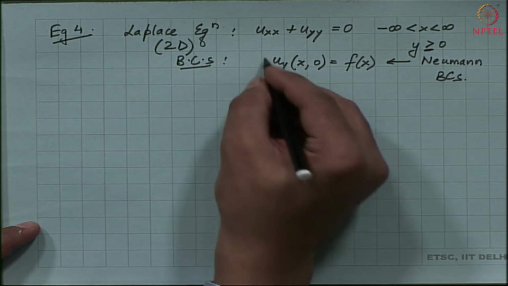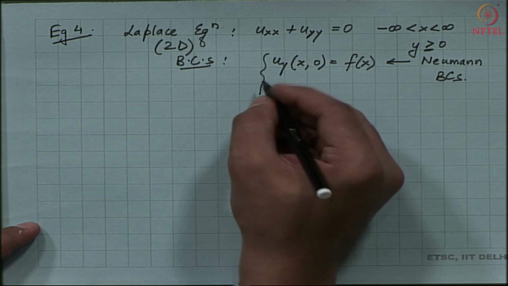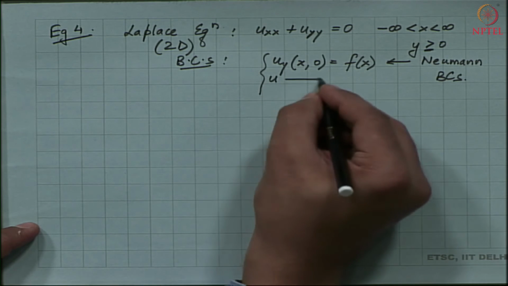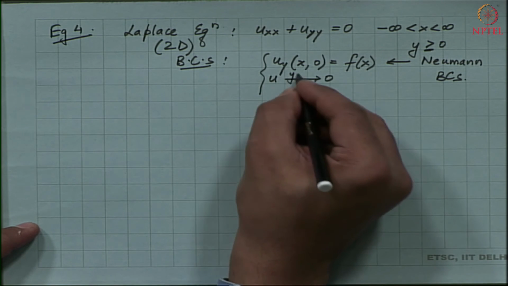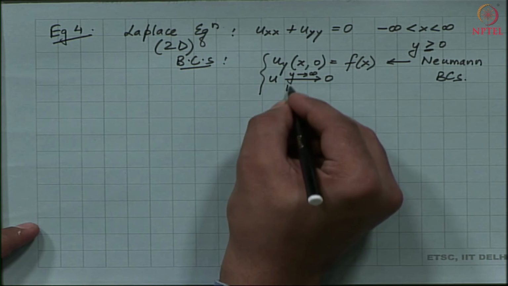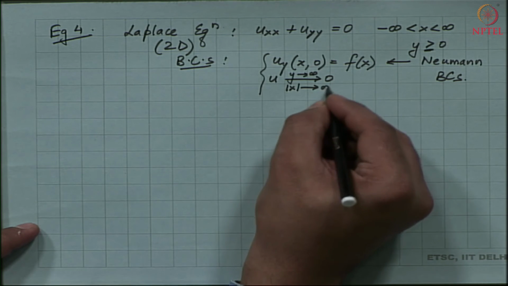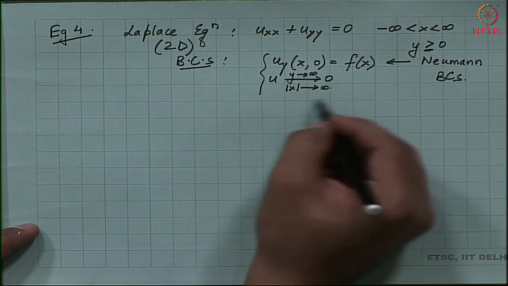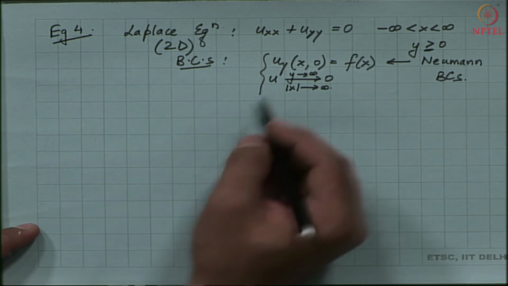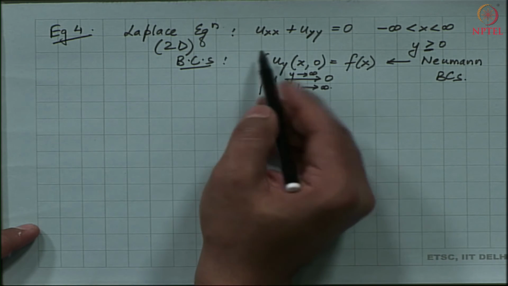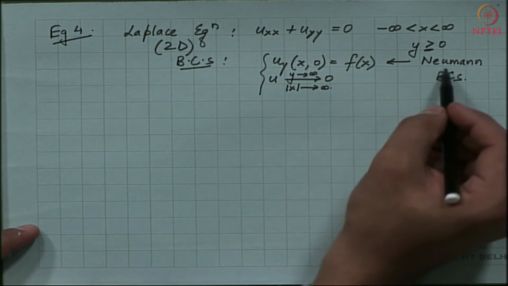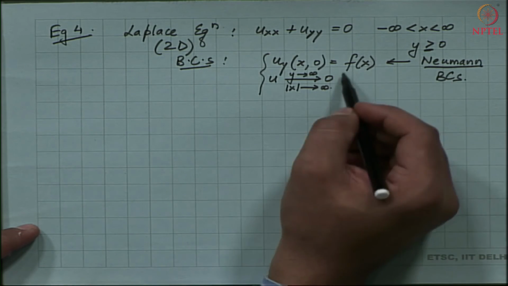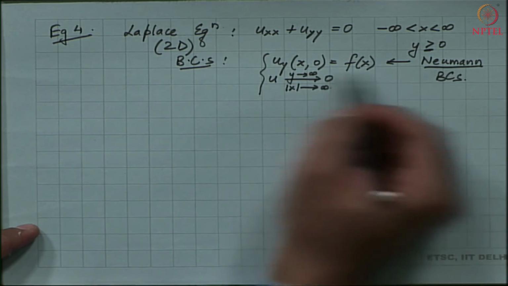Plus I have the other boundary condition that u goes to 0 as y goes to infinity and x goes to plus minus infinity. So the decaying boundary condition is as it is. Now the only difference between this example and say example 2, where we were using the Dirichlet condition, is due to this boundary condition, Neumann.